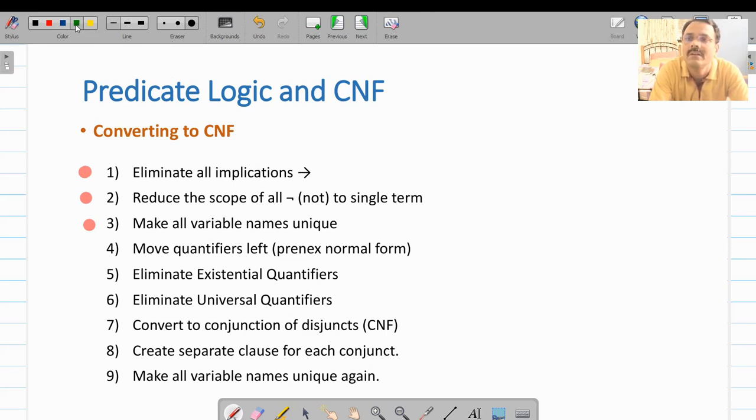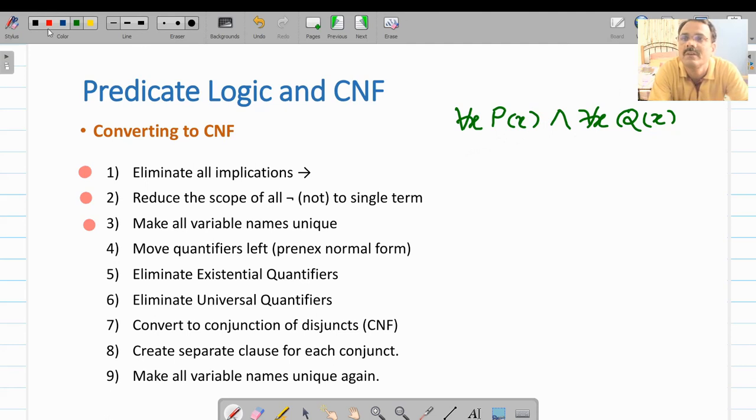For example, suppose we have for all X one variable with this predicate P of X, and somewhere else we have for all X with another predicate Q of X, and this X is different from that X. This step says that you make all these variable names unique if they are used for different purposes.